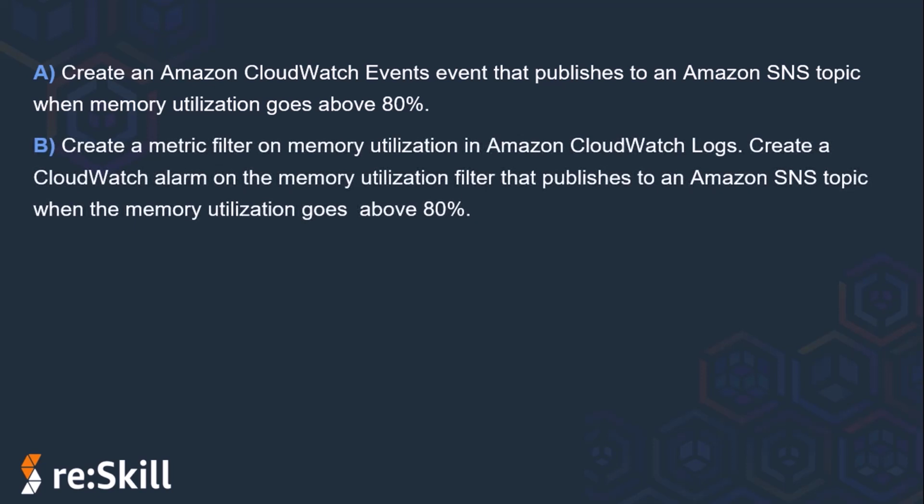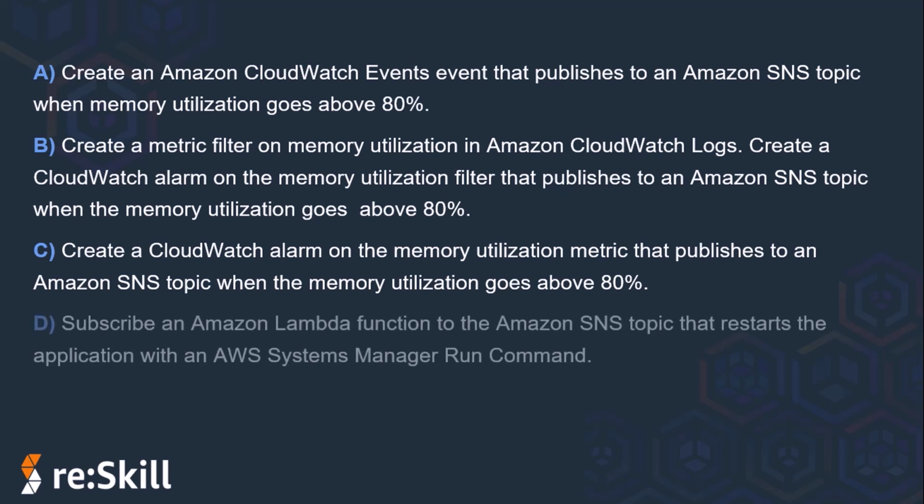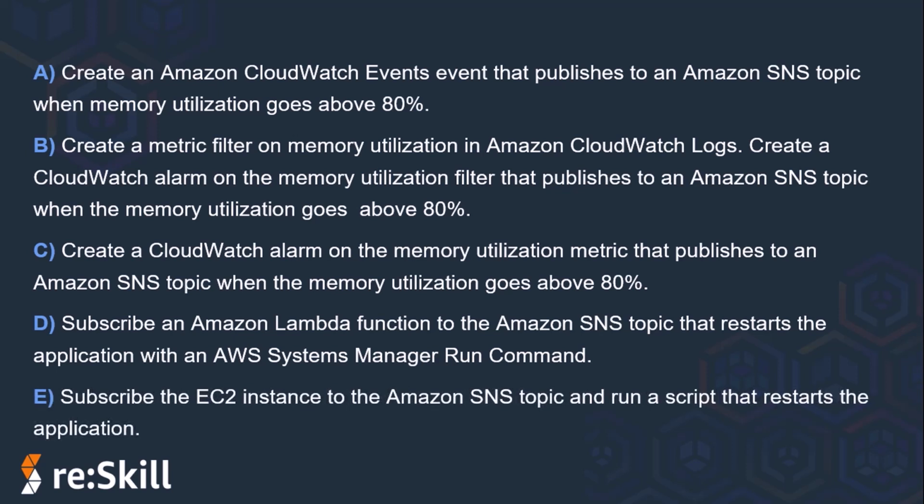Create a CloudWatch alarm on the memory utilization filter that publishes to an SNS topic when the memory utilization goes above 80%, and create a CloudWatch alarm on the memory utilization metrics that publishes to an SNS topic when the memory utilization goes above 80%, and subscribe a Lambda function to the SNS topic that restarts the application with Systems Manager run command, and subscribe the EC2 instance to the SNS topic and run a script that restarts the application. So we have got multiple things here.